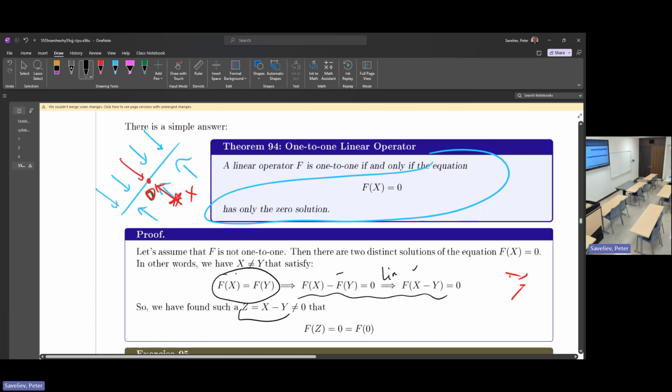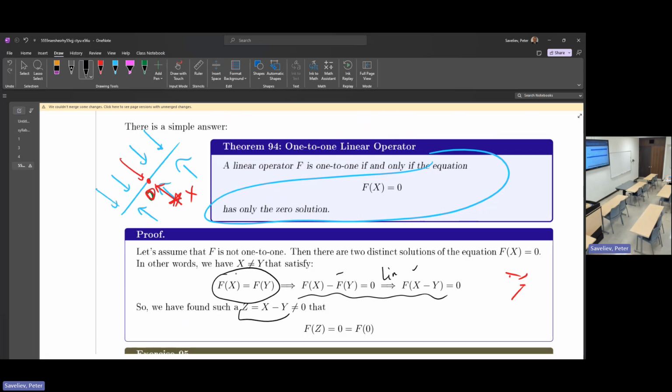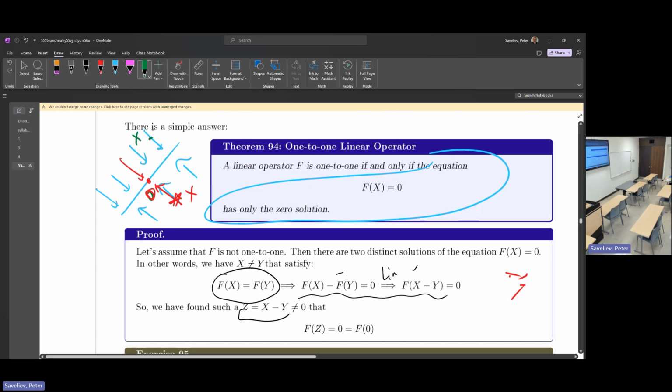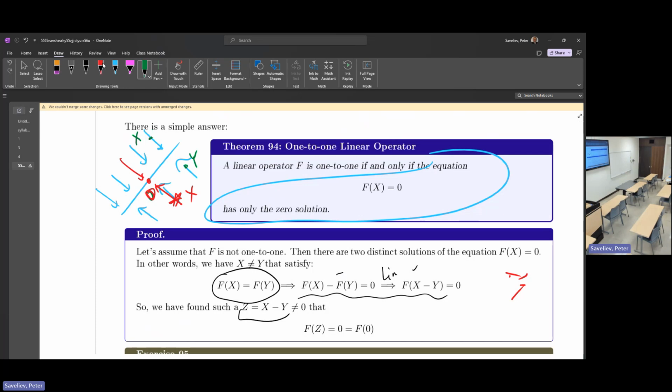And so we prove that indeed, if it's not one-to-one, we exhibit non-one-to-one behavior with 0. So it will hit 0 if there is any non-one-to-one behavior here. This is what I'm referring to here. So this is say x, and this is y over here, and this one is say z somewhere.